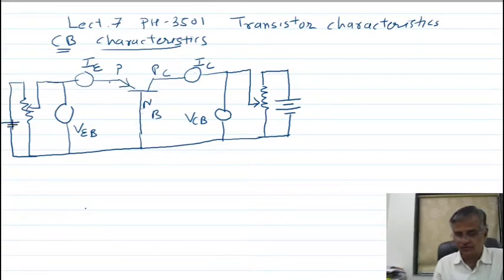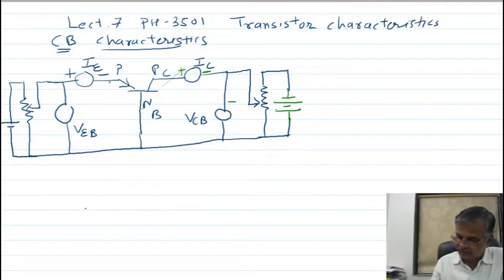Current will flow in this direction, so I am connecting plus and minus here. The collector is in reverse bias, so P-type material should be connected to negative. So I am using minus and plus signs.